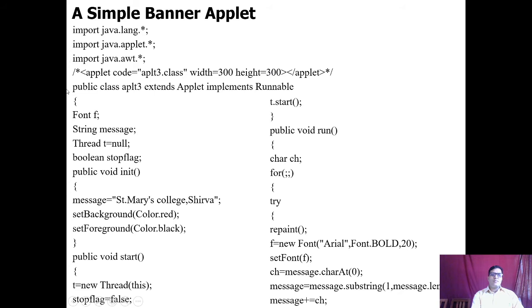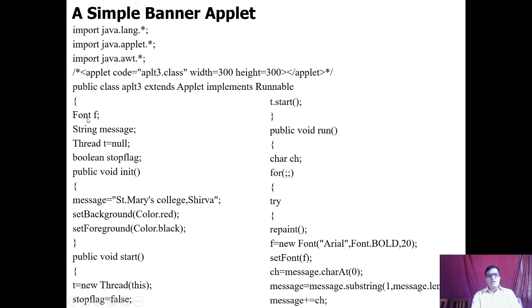Now let us see, public class Applet3 extends Applet implements Runnable. Here it is inheriting the Applet class and also the Runnable interface.